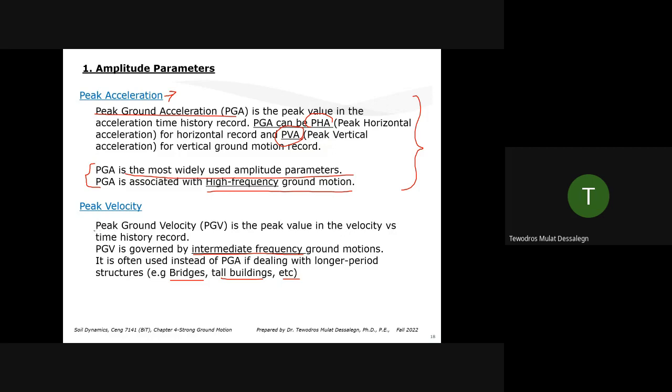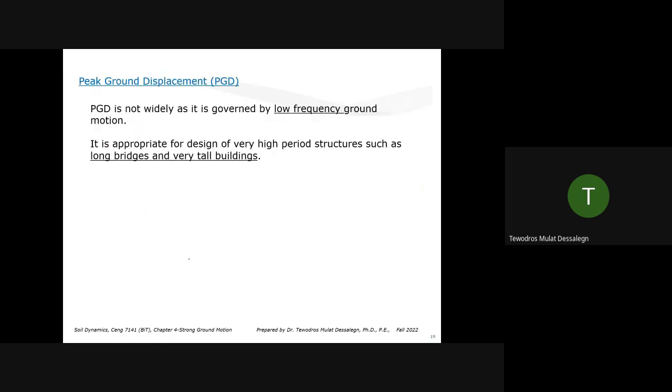Peak ground velocity is just the peak value in the velocity time history plot. PGV is governed by intermediate frequency ground motion. It's often used instead of PGA if dealing with long period structures. And PGD is peak ground displacement, from the displacement time plot. The peak value is PGD.